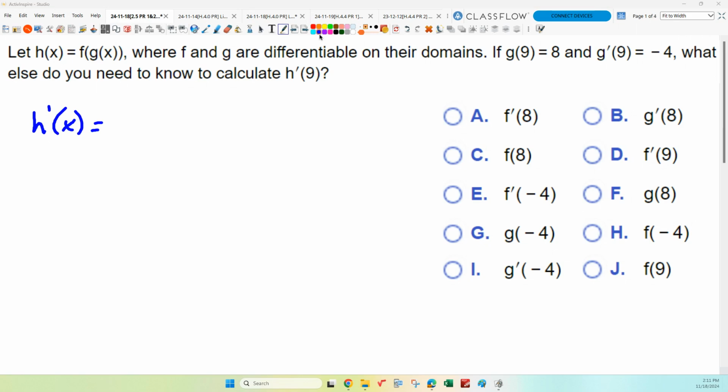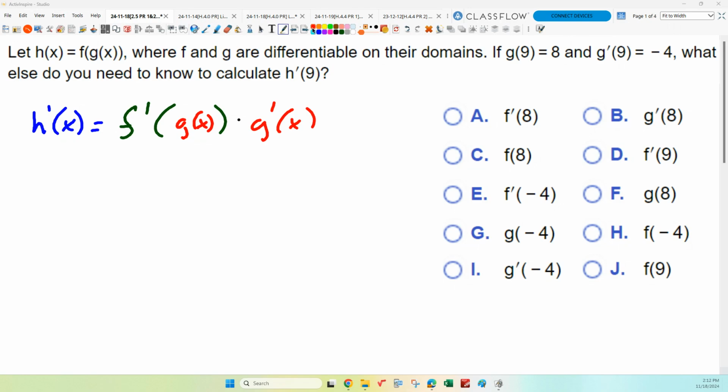By the chain rule, f prime of g of x times g prime of x.